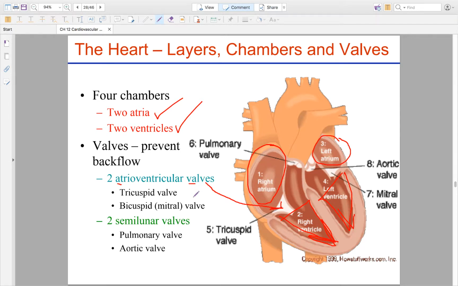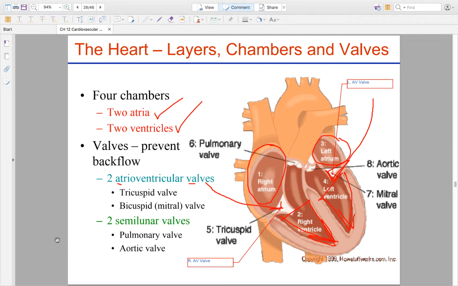Now there's also a left, way over here, this little valve right here, that's the left AV valve. And I'm going to add that over here too. This is the right AV valve.